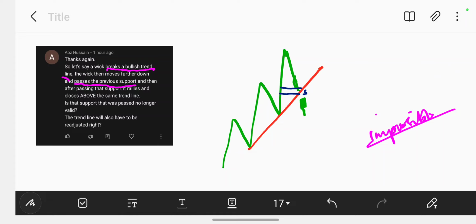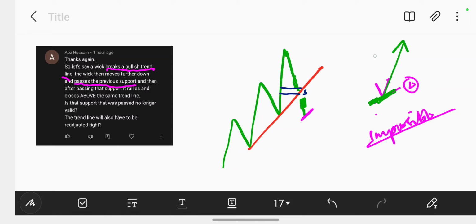It's not that difficult, because remember, when you're drawing a bullish trend line, we are connecting the lows, right? For us to bring a trend line to the new low, we must wait for that new low to give us a new high first.